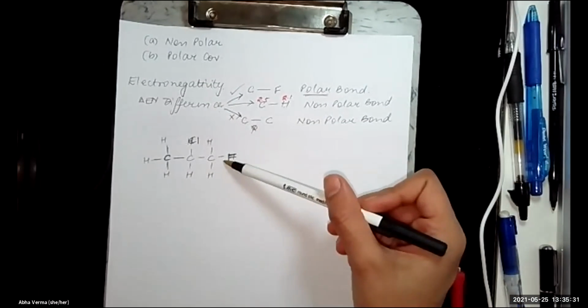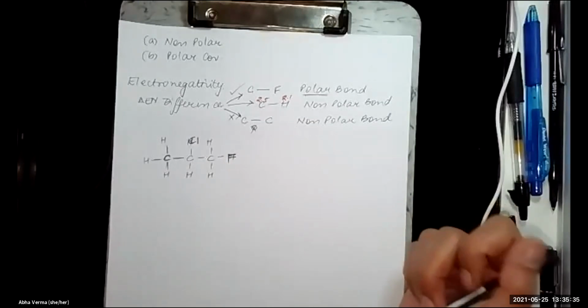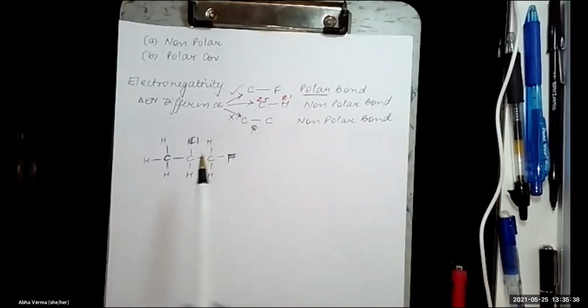So looking at this structure, Ariel, do you think there is any non-polar bond present in this structure? Is it the carbon and Cl?